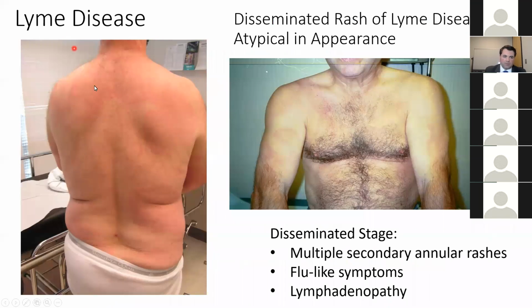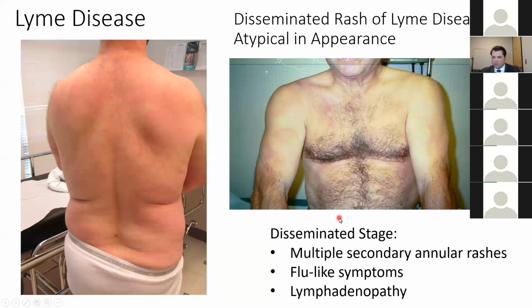So here you have Lyme disease. You can see this patient here on the left has rashes all over, a disseminated rash of Lyme disease, and so the early stage, or the early erythema migrans bite, and then you have this, which you could call early disseminated or late disseminated. This is essentially a disseminated Lyme disease here where they just get rashes all over and multiple rashes.